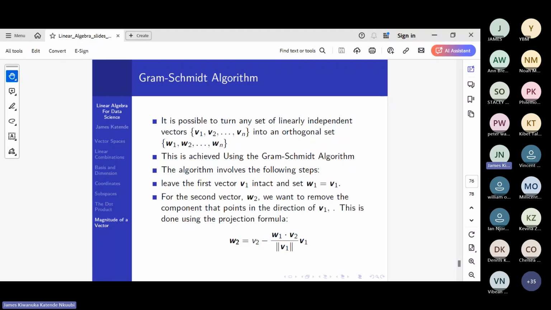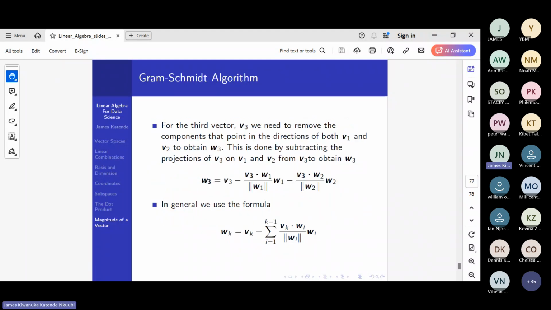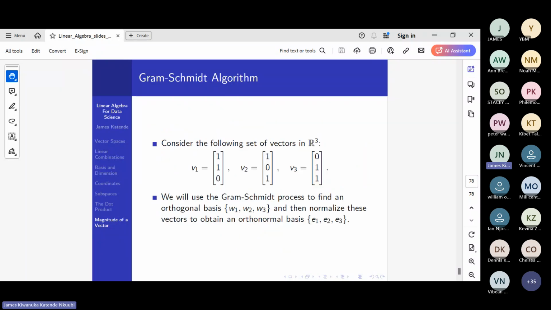You get your second vector. You keep doing this. This gives you the third vector, and in general, the kth vector in your list is obtained using this formula. Maybe it would be a good exercise for you to turn this basis for R3 into an orthonormal basis.